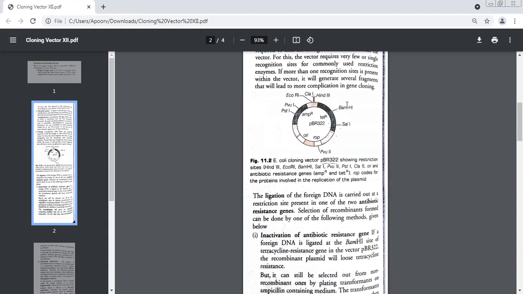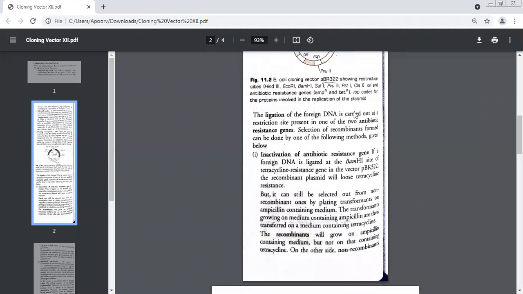Name this site. BamHI. Speak out, beta. BamH1. We want to attach it over here, in the tetracycline resistant gene in the vector pBR322. The recombinant plasmid will lose tetracycline resistance.